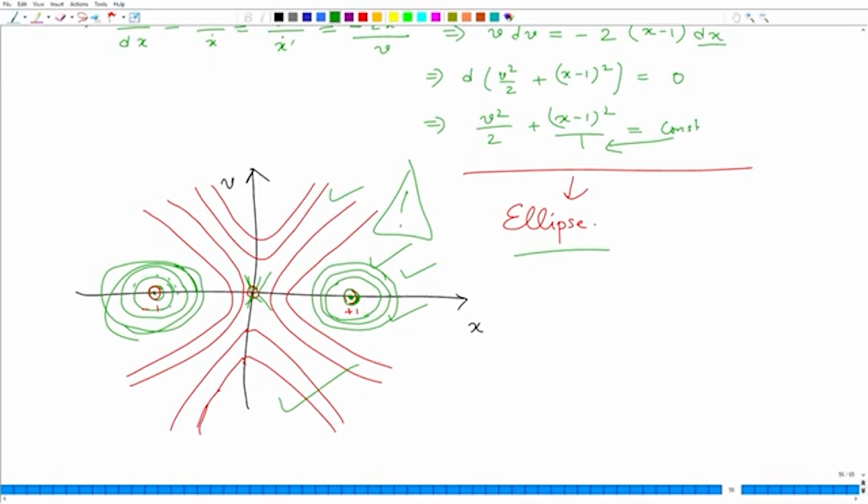Now, if I even draw like this, this is not actually very false, because in a phase space trajectory the continuity always matters.